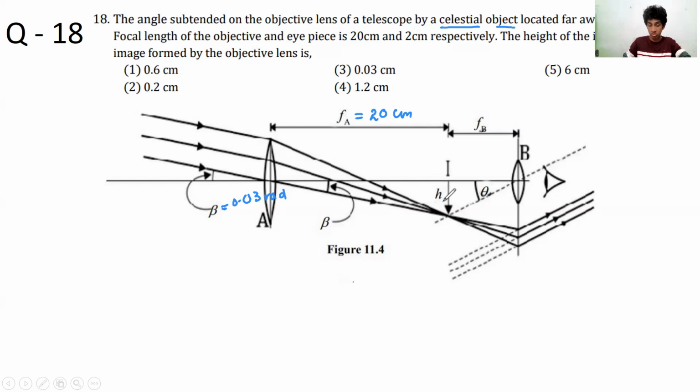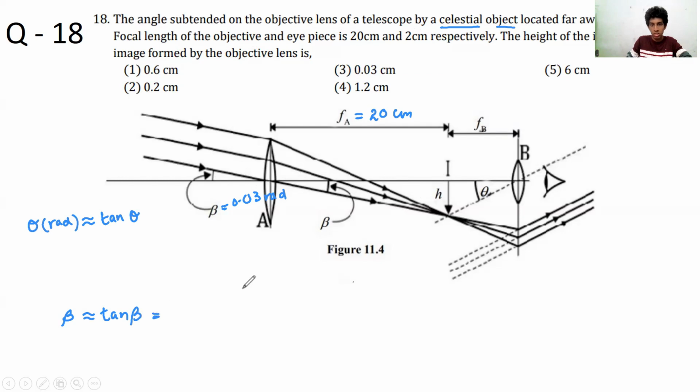So this question is really easy, but in order to solve this, you should know this assumption. Small values of theta in radians is nearly equal to tan theta. Therefore, beta is nearly equal to tan beta.